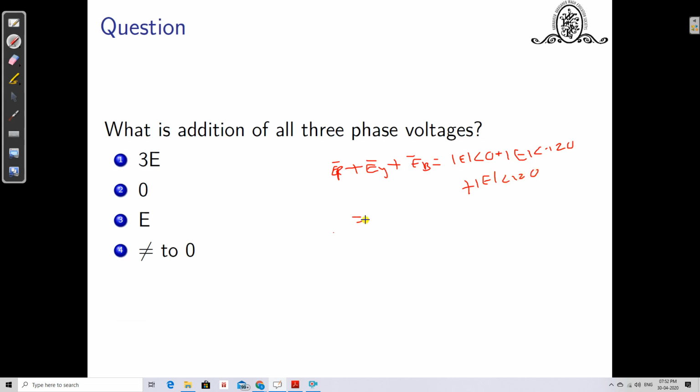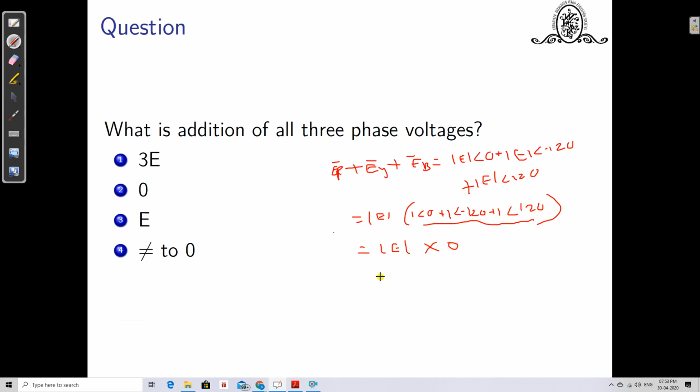If I take mod of E as common, then what remains in the bracket? 1 at an angle of 0, plus 1 at an angle of minus 120, plus 1 at an angle of plus 120. If you do this complex addition, you will observe that the sum of all these values is equal to 0.